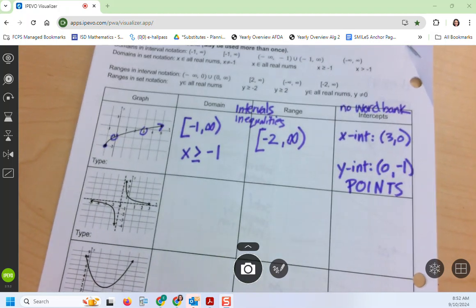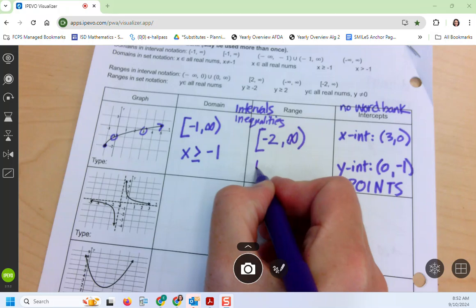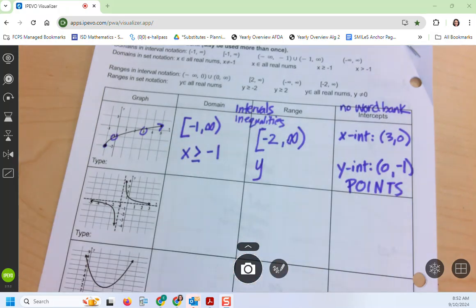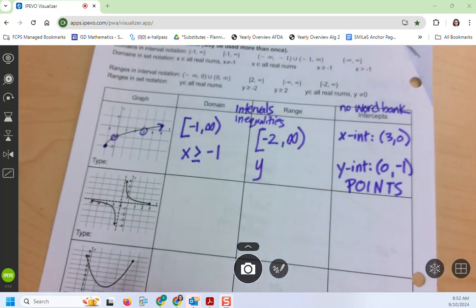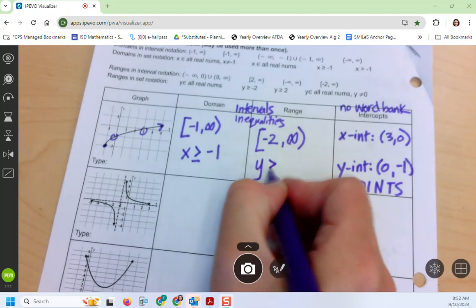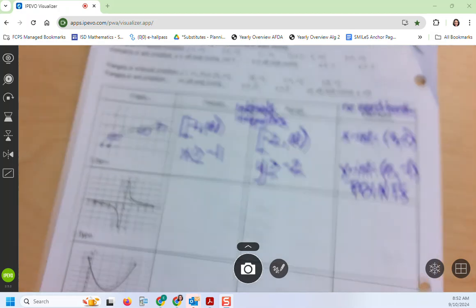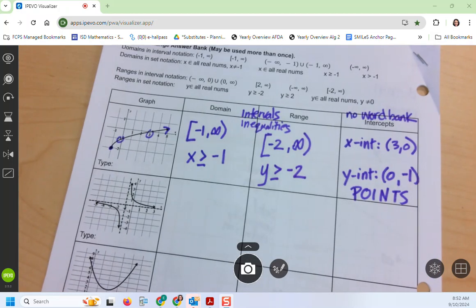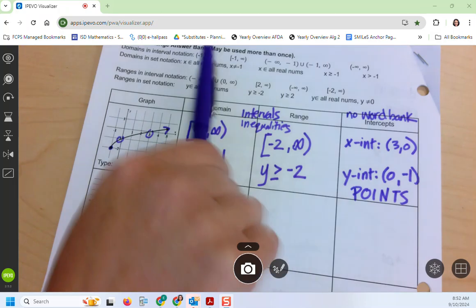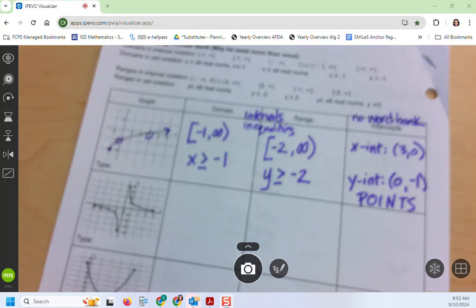And then this time you use y, because we're talking about the range, and those are y values. Greater than or equal to -2. Now, do not cross those off because it says may be used more than once. So don't cross them off your word bank, okay?